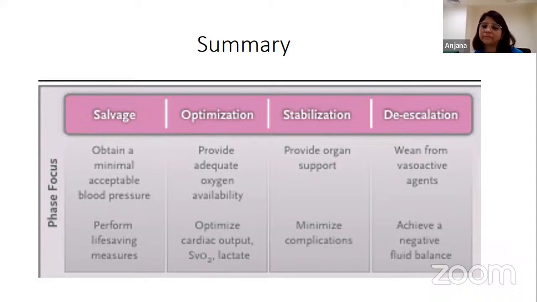So your repeated clinical examinations, your ultrasound, echo, look at perfusion markers like your AVCO2 gap, your SCVO2, your lactates, your lung ultrasound, your echocardiography.